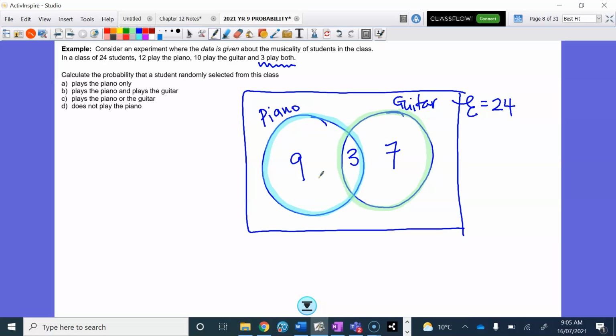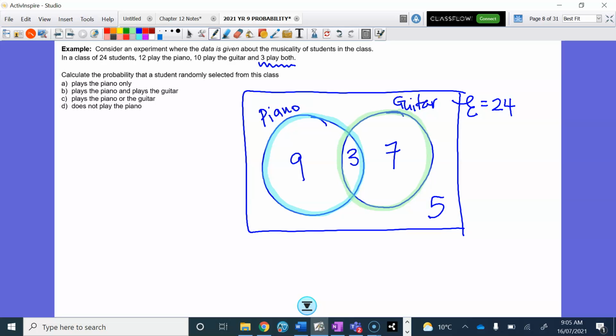So I haven't used all of the students in the class yet, which would indicate there are some students that lie outside of those 2 circles who do not play either of those 2 instruments. If I have a total of 24, I've already used up 19 of those students. I have an extra 5 out here that don't play guitar or piano.